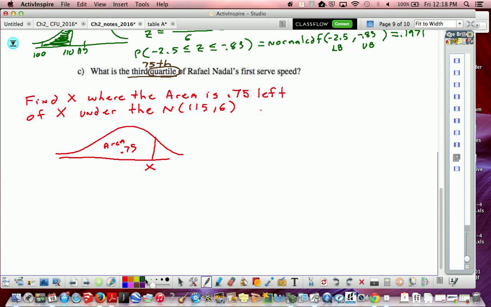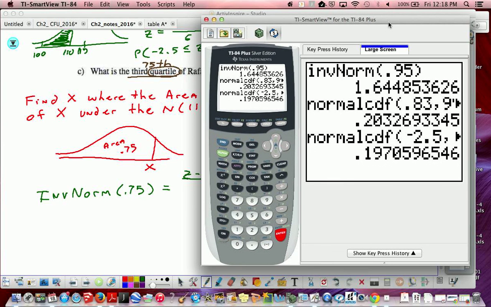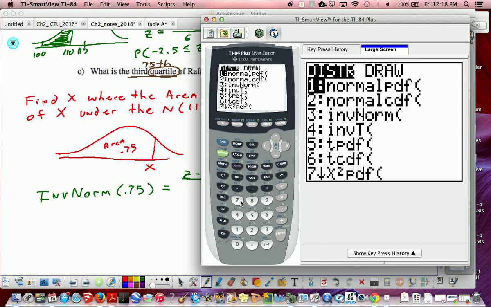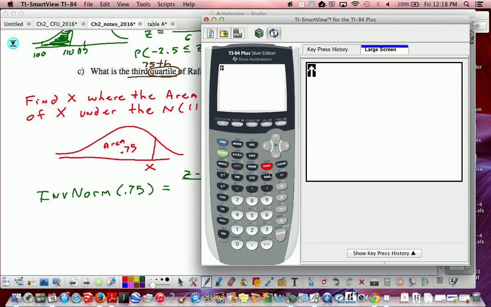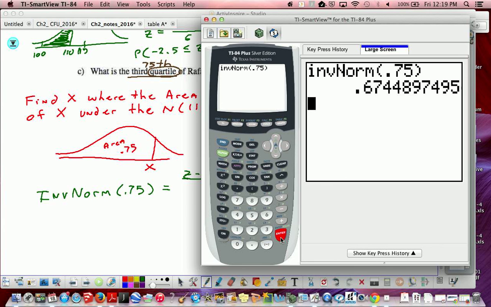So in the green here, I'm going to go inverse norm of 0.75, and that's going to give me my corresponding z-score. Second, distributions, 0.75. Oh, come on, calculator. Take my commands. 0.75. So, our z-score is 0.67.